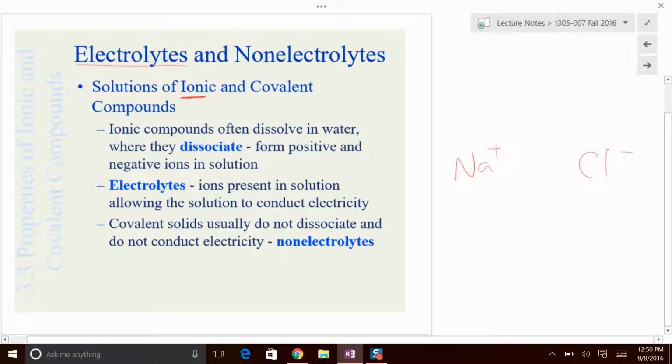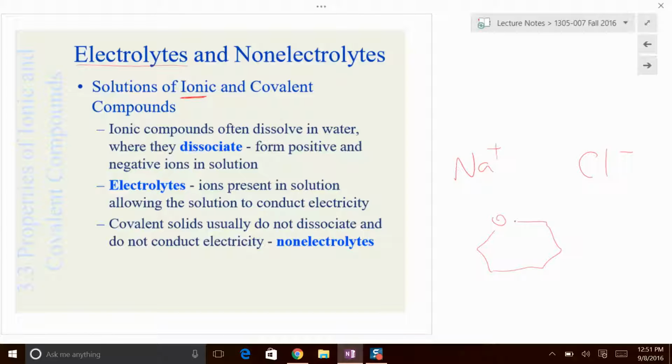Whereas the sugar molecule just stays together as a covalent compound. It doesn't break apart. It doesn't create ions in solution. Okay? So that's a big difference between ionic compounds and covalent compounds.